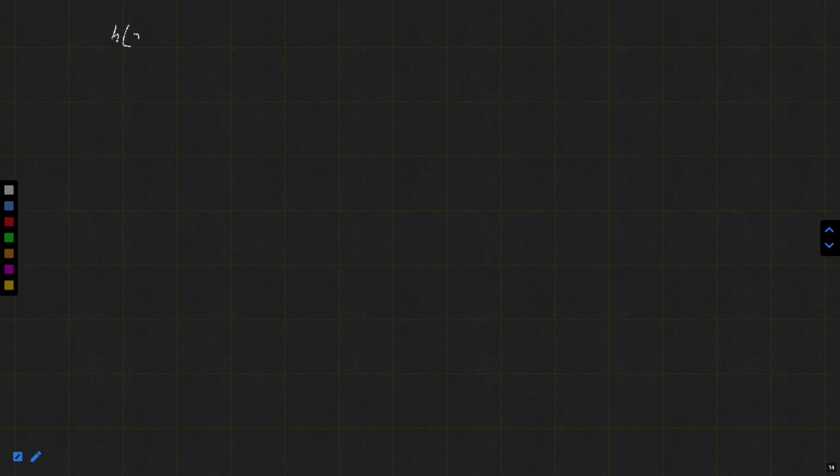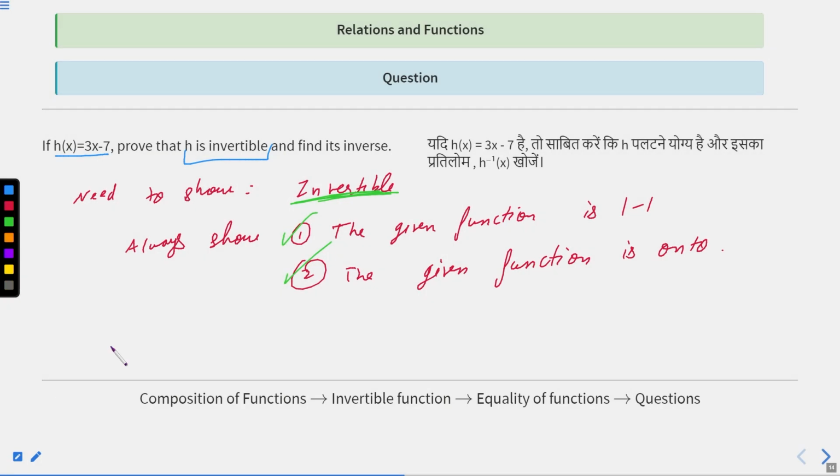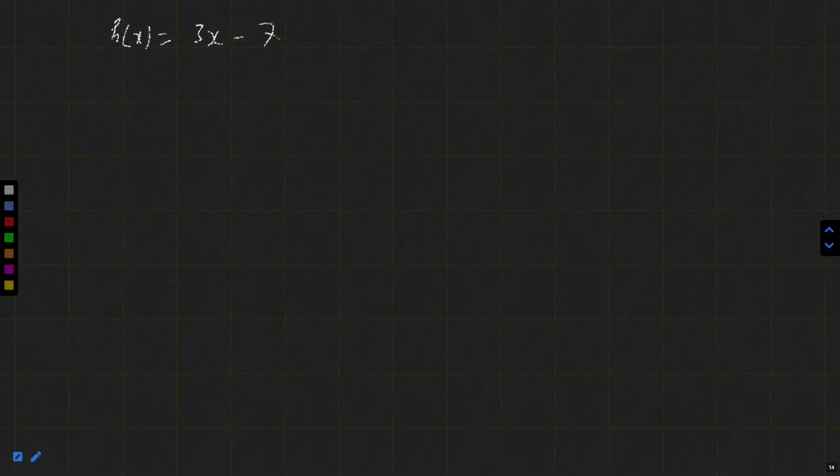Let's show it. So h(x) is 3x minus 7, and h is from R to R. Sorry, it is not written, but the h function is from R to R. Now let's prove. First, 1-1.